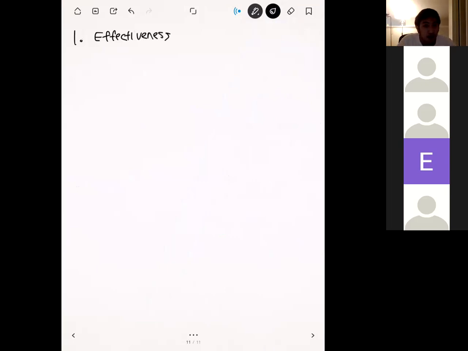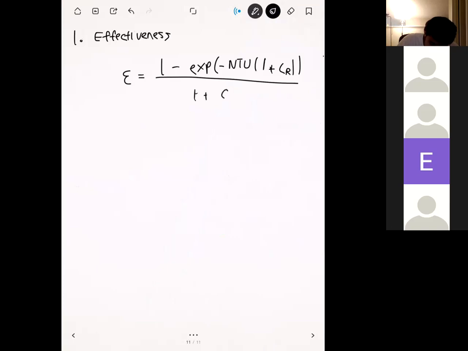Since this is a parallel flow heat exchanger, we know that the formula for the effectiveness is going to be 1 minus exponential of minus NTU times 1 plus CR, divided by 1 plus CR. In order to compute this effectiveness, we need both NTU and CR.